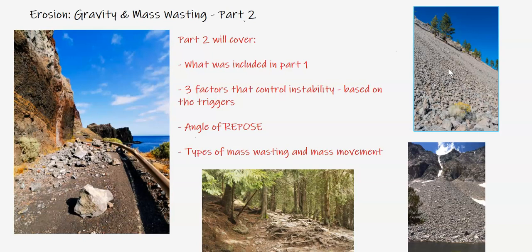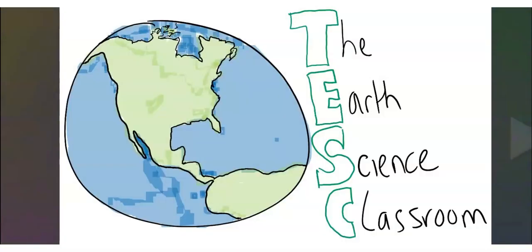And then we look at the angle of repose, and what that is in relation to the stability, and if a slope is going to fail or not fail. And then look at the different types of mass wasting and mass movement based on the 3 factors that control instability.